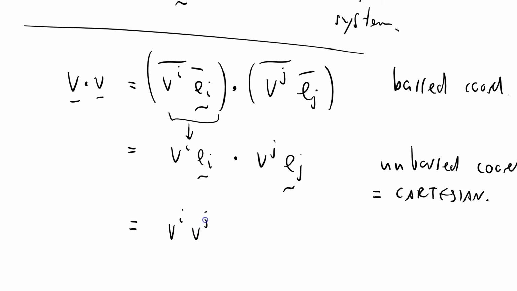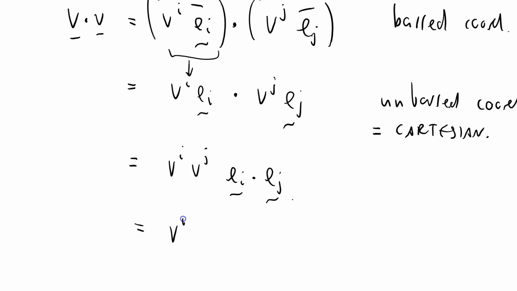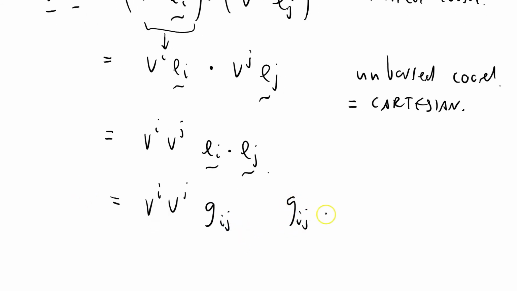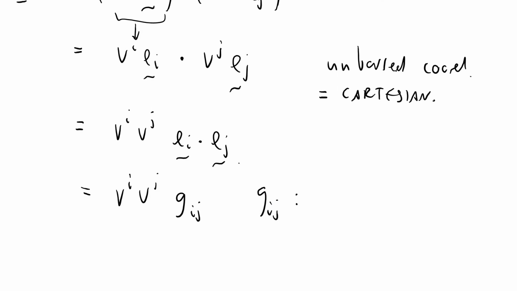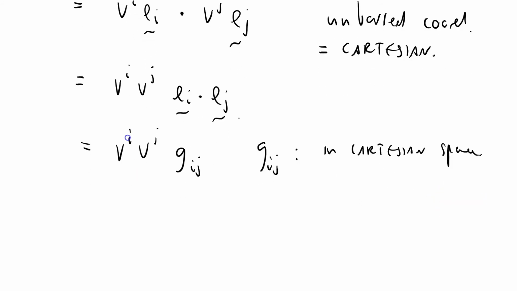Equals v^i v^j e_i dot e_j, equals v^i v^j times e_i dot e_j, and this thing here, sorry, I should have expanded that in terms of g_ij, where g_ij is now the components of this thing g in Cartesian space. So g_ij is equal to 1 if i equals j, and 0 if i is not equal to j.